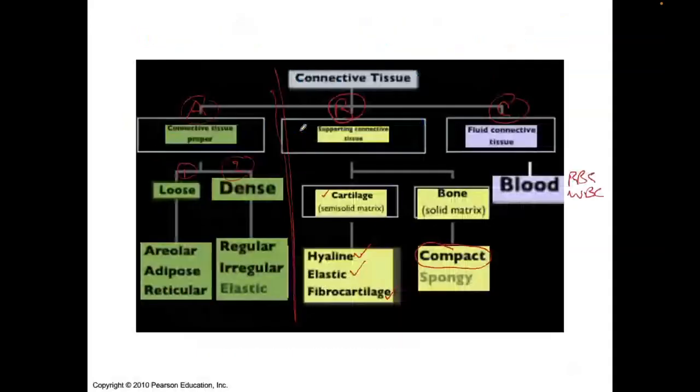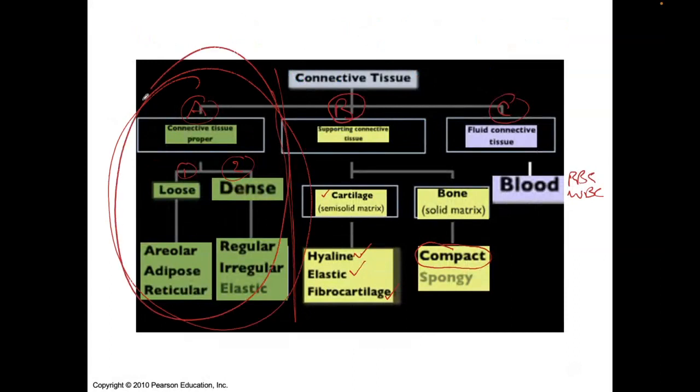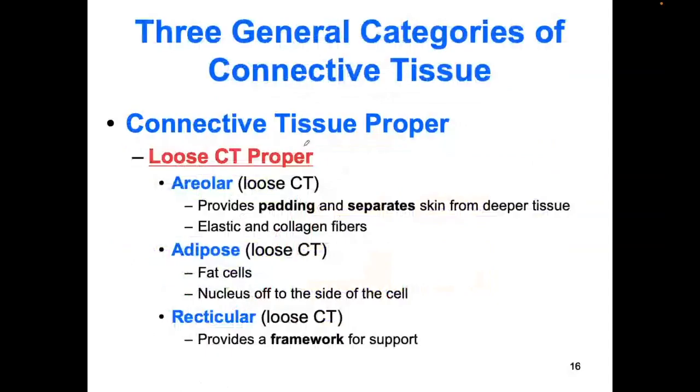Okay, so let's start with this column first, okay? Connective tissue proper. So we're going to do loose first, and then we'll go to dense. So under loose connective tissue proper, there's three flavors there. There's areolar, adipose, and reticular.